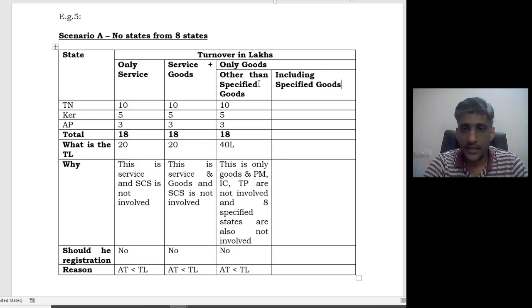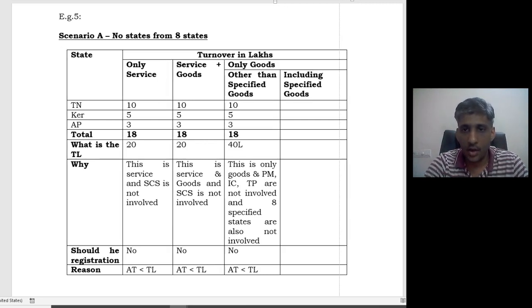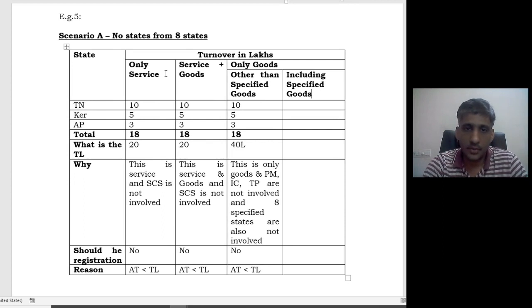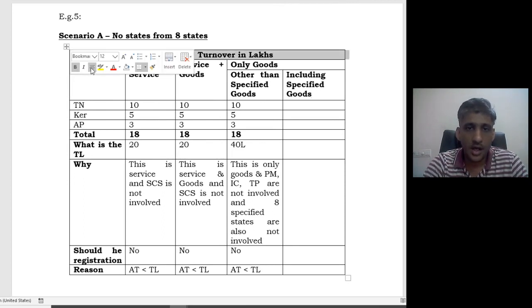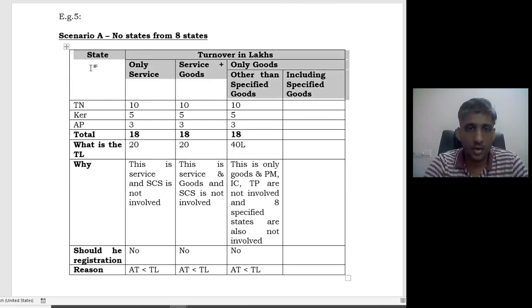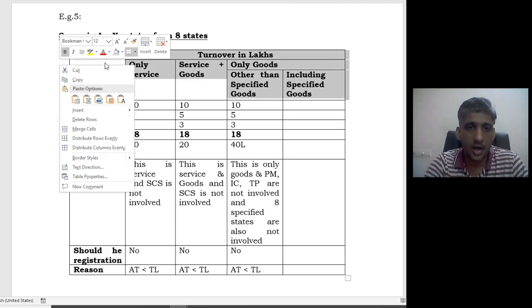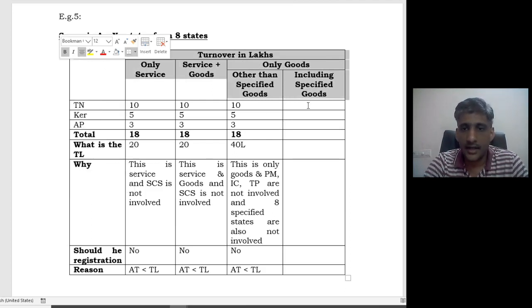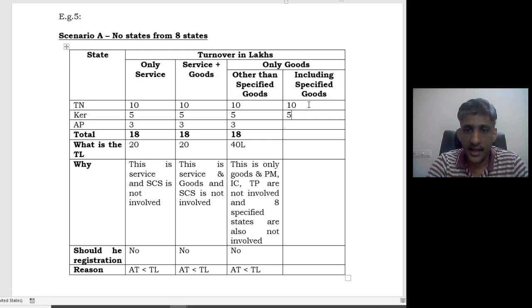If it is including specified goods, it is goods, but it also includes specified goods. So it is either pan masala or gutka. Then again it's a 10, 5, 3, 18. What is the turnover limit? Turnover limit is 20 lakhs.